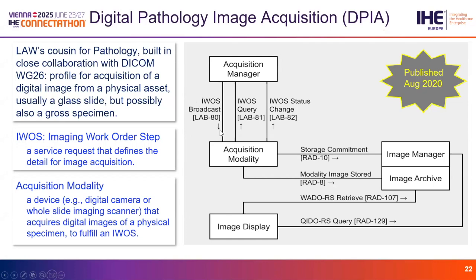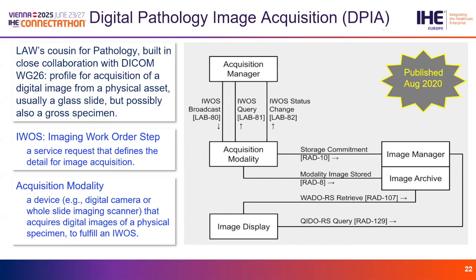Once the acquisition is complete, the Lab 82 status change message goes back to let the acquisition manager know that there's been some status change with the scanner in the attempt to create that digital slide. Of course, once the glass slide is successfully created, existing radiology transactions interact with PACS systems to store that image and to recognize that the archive has committed that glass slide to storage.